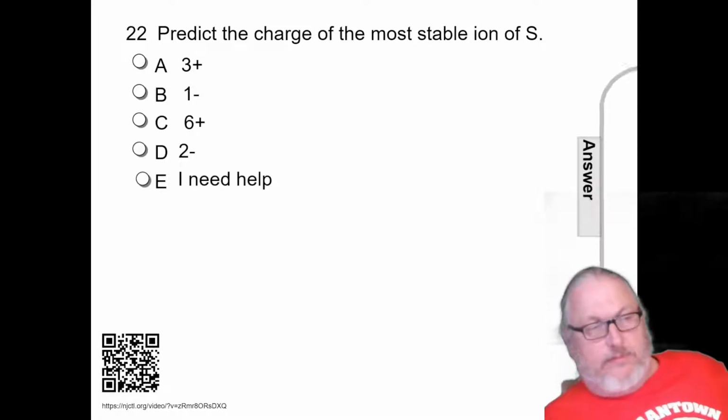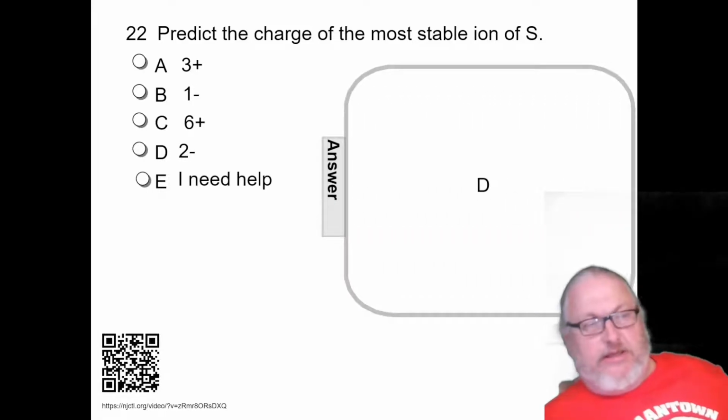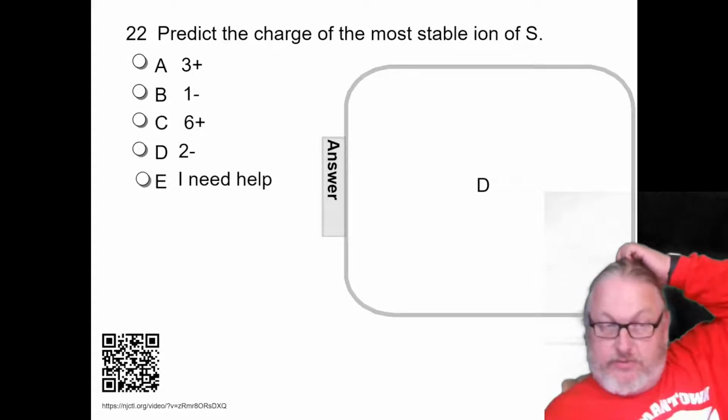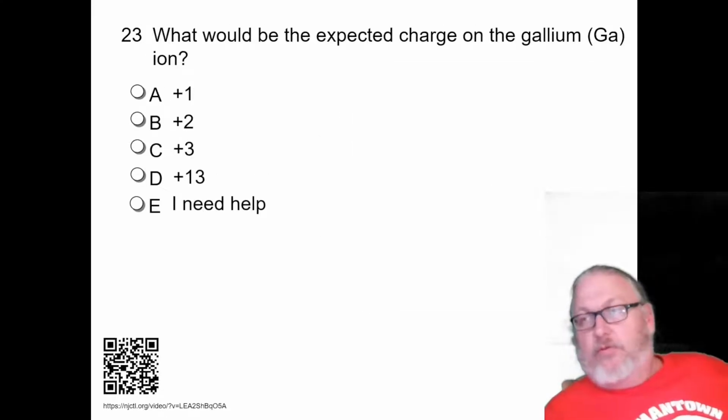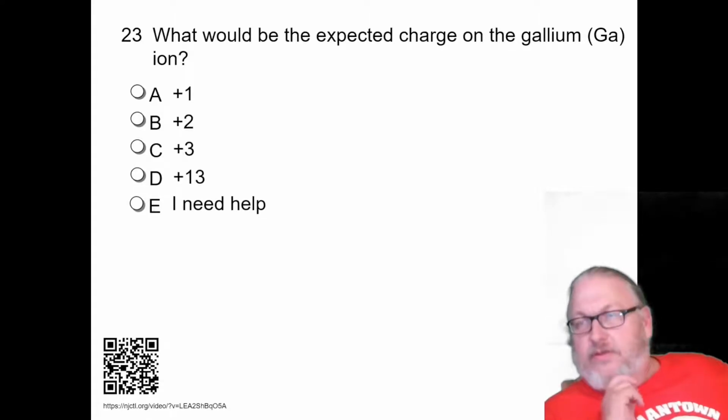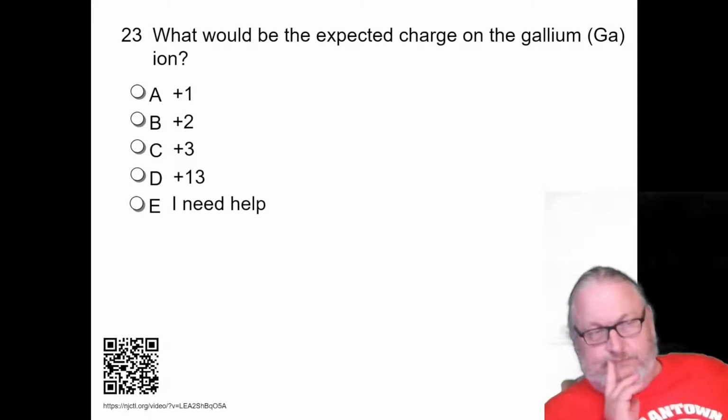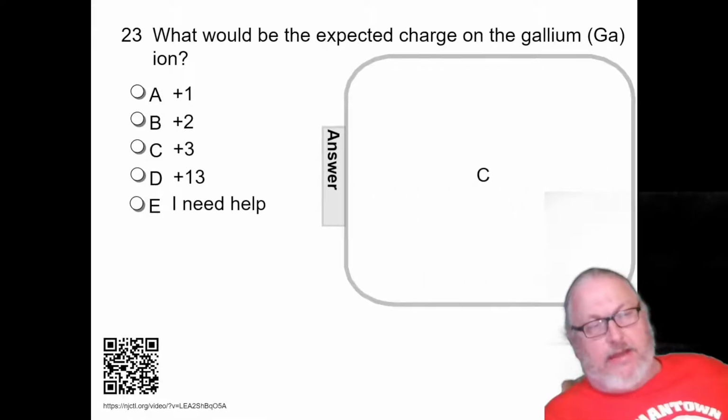Take a moment, and of course the answer is D, 2 minus. It's in group 16, right below oxygen. 23. What would be the expected charge on the gallium ion? Take a moment. Come back, and of course it is C, plus 3.